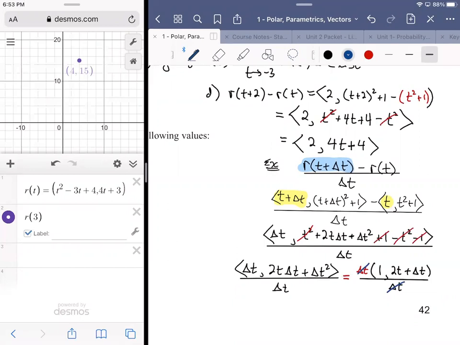But it's okay for you to look at this and say, oh, I got a delta t in each term in my vector valued function. I can divide each of those terms by delta t on the bottom, right? As a shortcut, that's fine. Vector division is not really a thing the way a polynomial division is, or just simple division.